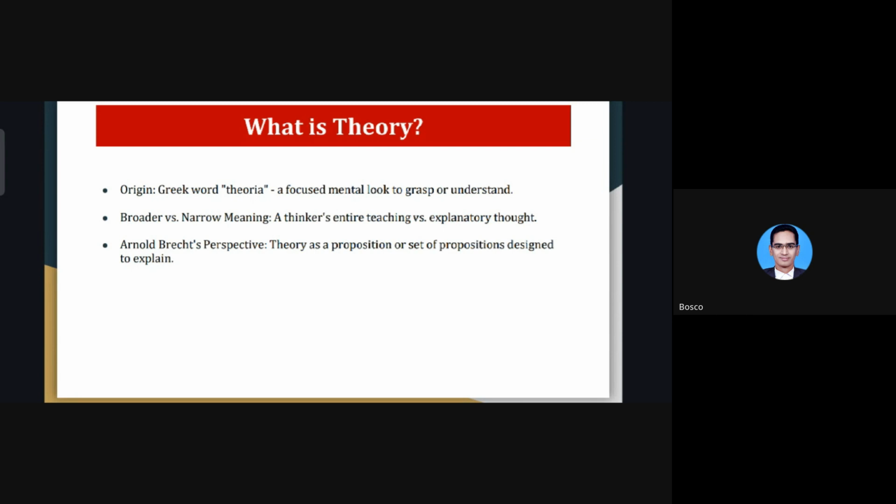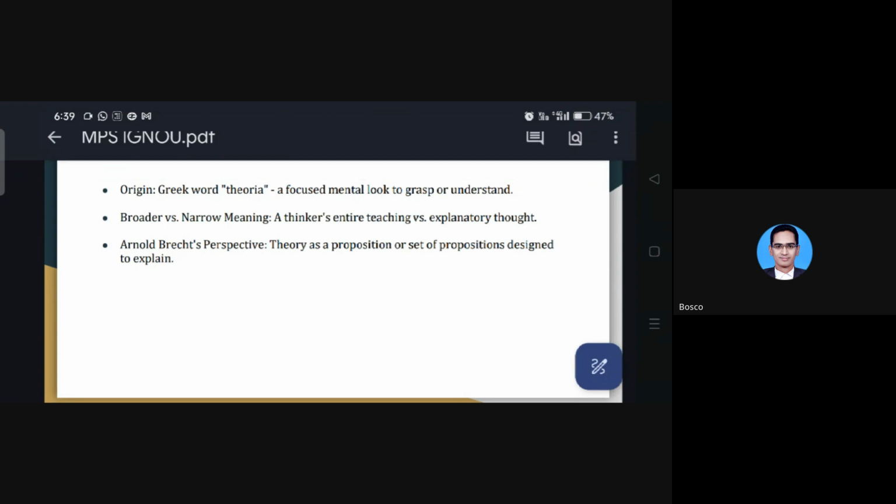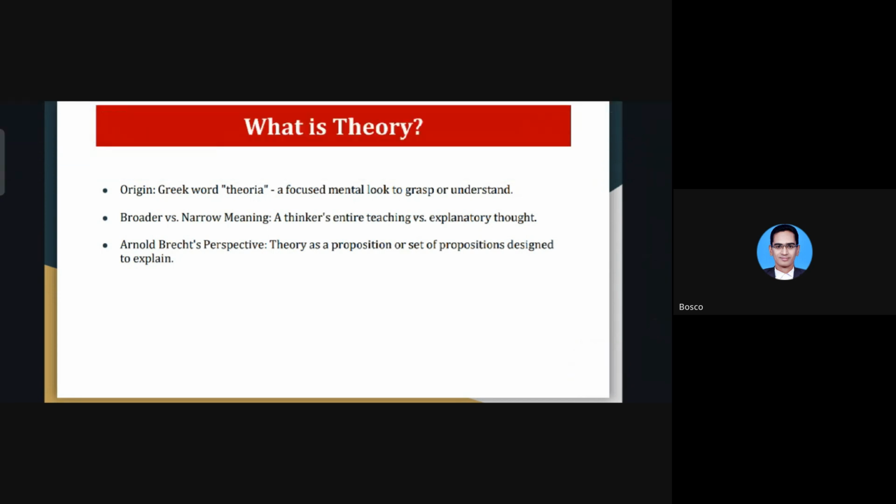Just trace the history of this planet and you will come to know that all ideas have been going through this journey: thesis, antithesis, and synthesis. We will also discuss it in detail in upcoming sessions.